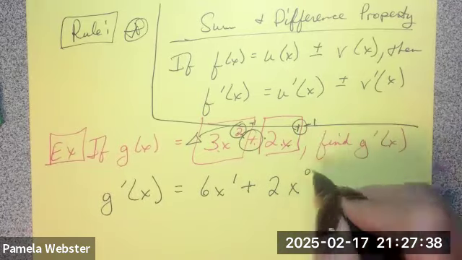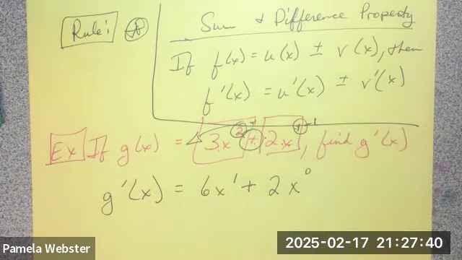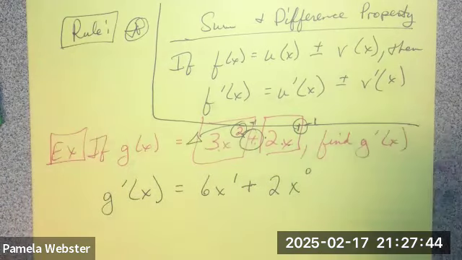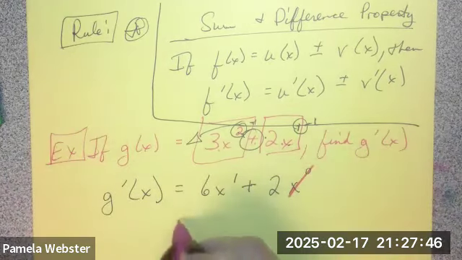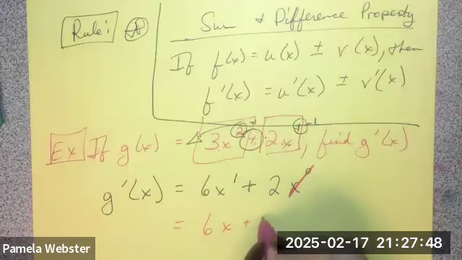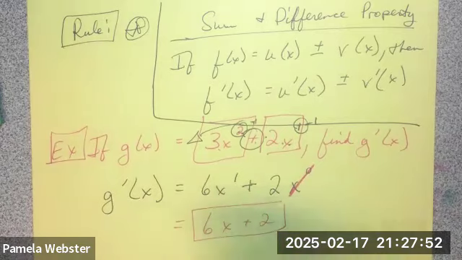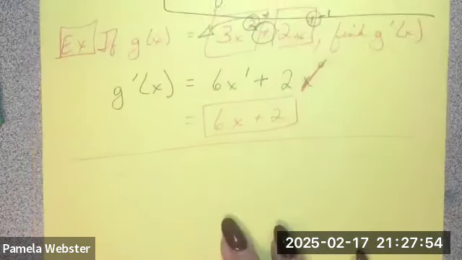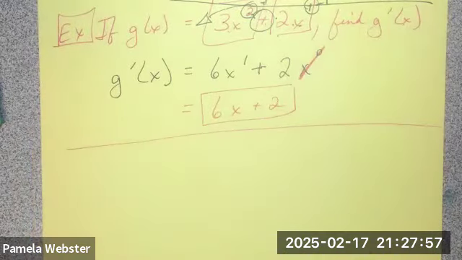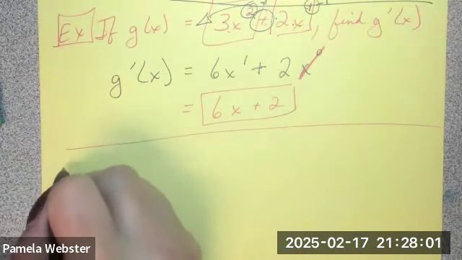I'm going to write it down. x to the 0. What is x to the 0? We talked about that earlier. Anything to the 0 power is a 1. So this is just 6x plus 2. Okay. Cool. So I can do combinations of different little polynomials, little things like that.